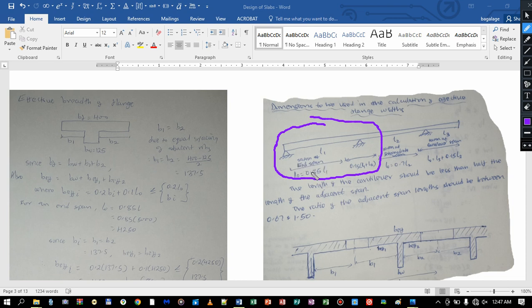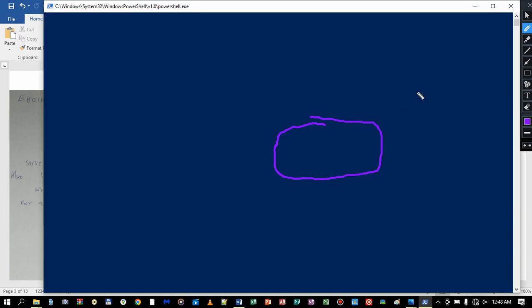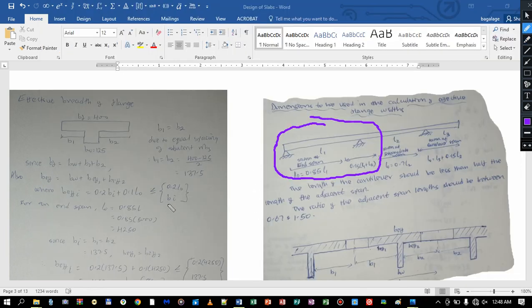And this effective distance should not exceed 0.2 of that effective span, and also it should not exceed this, which is already provided.